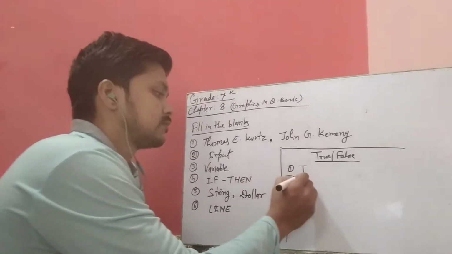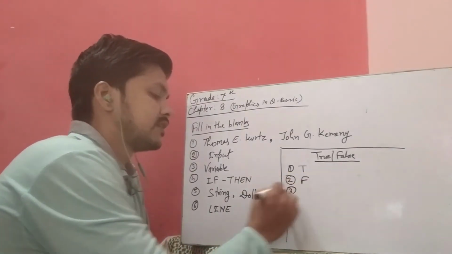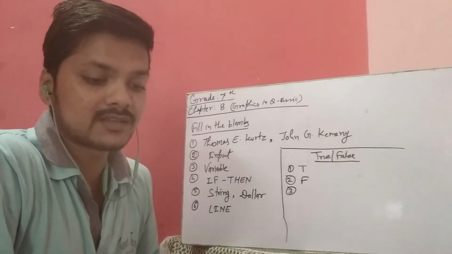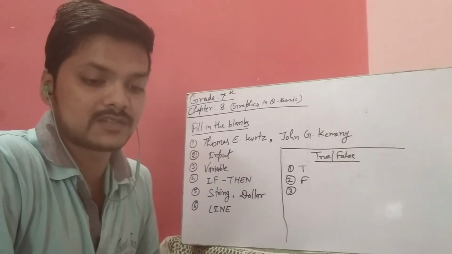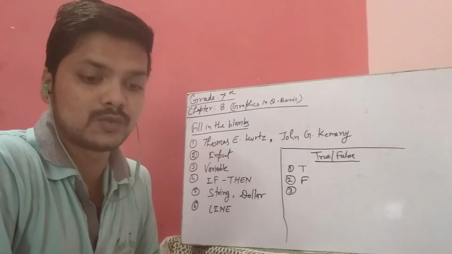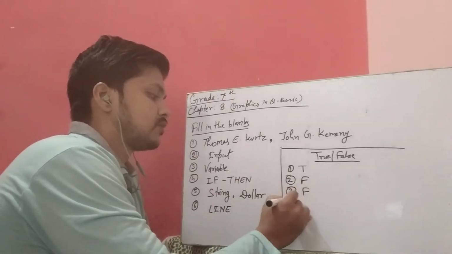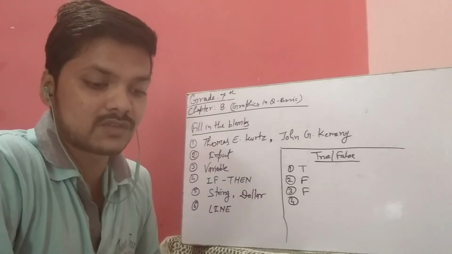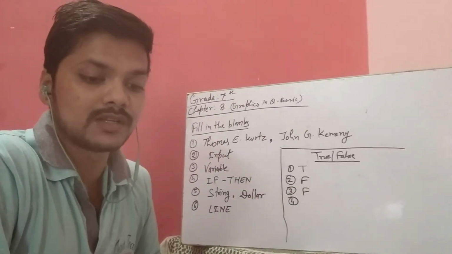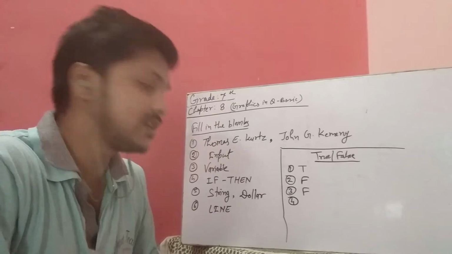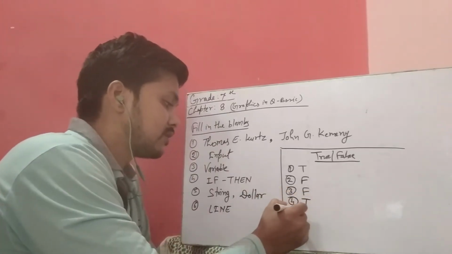No, false. Third, in high resolution mode the computer screen is divided into 320 by 200 pixels. No, it is false. Fourth one, BASIC stands for Beginners All Purpose Symbolic Instruction Code. Yes, it is true that it is the full form.